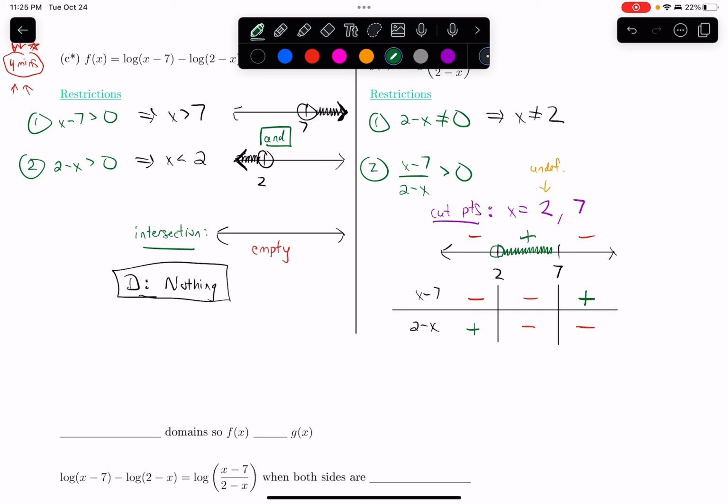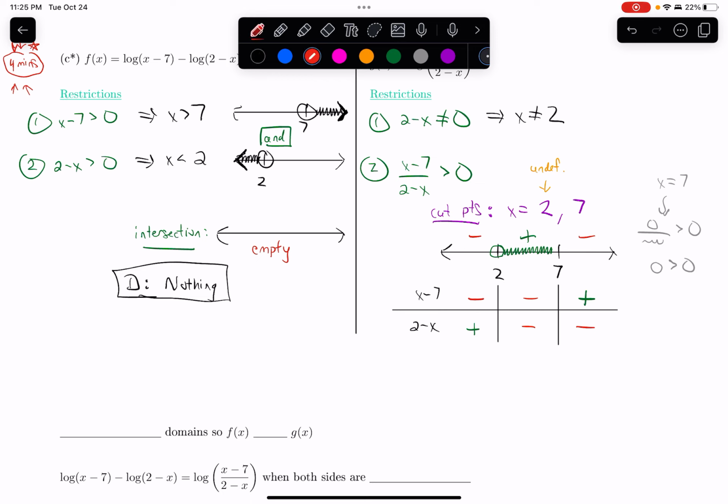For the other cut point, the one that comes from the numerator, I could plug it into my inequality to see if it works. So if I take x equals 7 and plug it into my inequality, over here I'll get 0 divided by something, and that's greater than 0. But 0 divided by something else is just 0. So I get 0 is greater than 0. Oh, but that's not true.